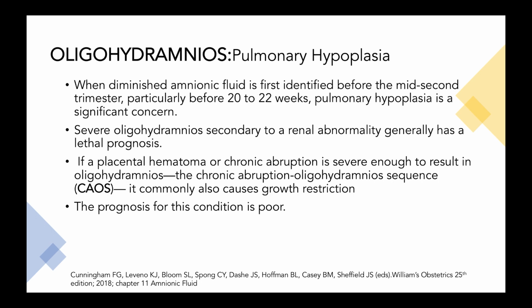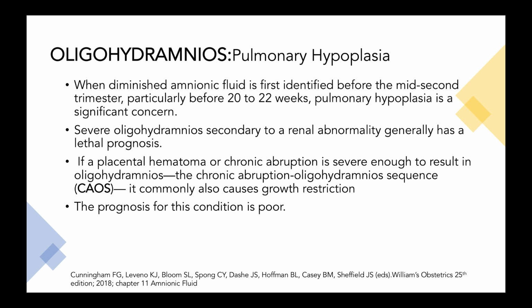Now, what is the association between pulmonary hypoplasia and oligohydramnios? When diminished amniotic fluid is first identified before the mid-second trimester, particularly before 20 to 22 weeks AOG, pulmonary hypoplasia is a significant concern. Severe oligohydramnios secondary to a renal abnormality generally has a lethal prognosis.